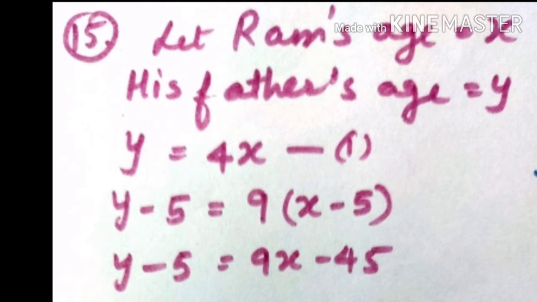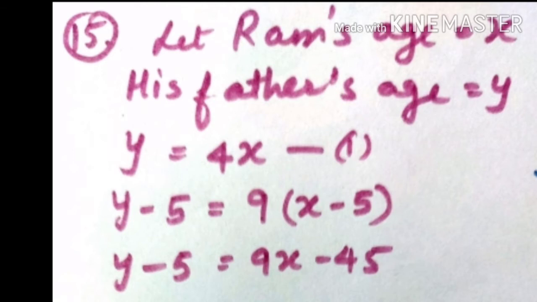Now read further: 5 years ago. 5 years ago means before 5 years. His father's age is y, and before 5 years it will be y minus 5. Whenever 'before' comes, you have to subtract the years given in the question, and whenever 'hence' or 'after' is given, then you have to add the number of years given in the question.